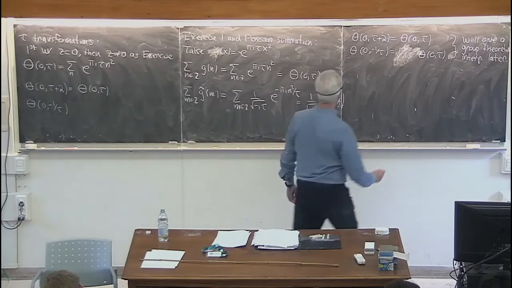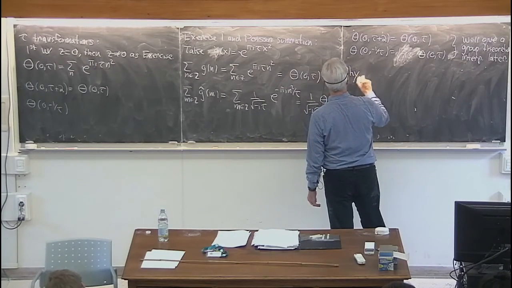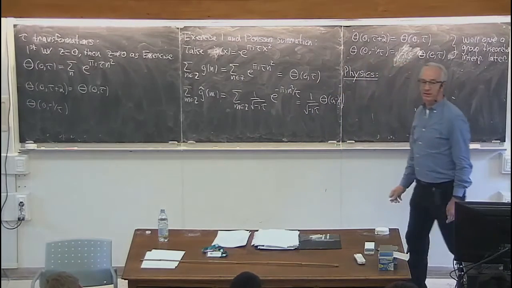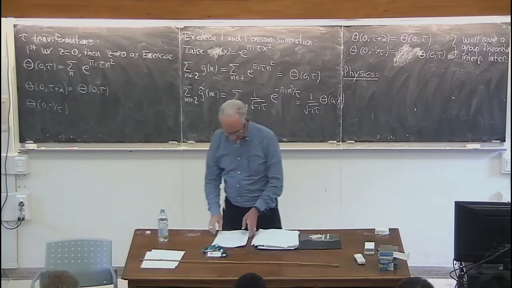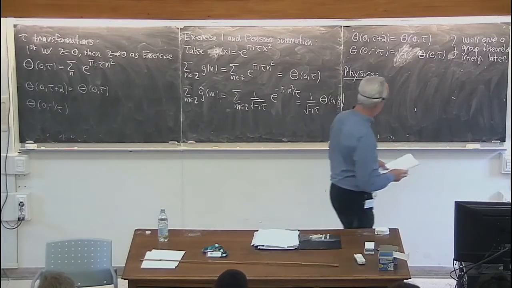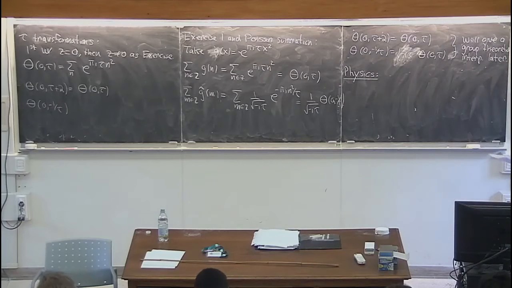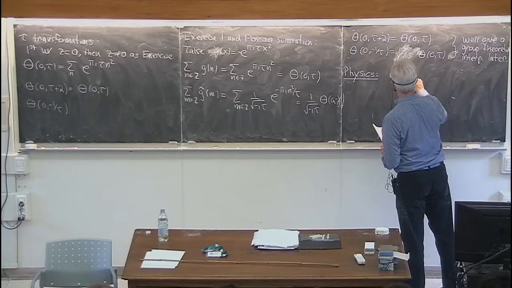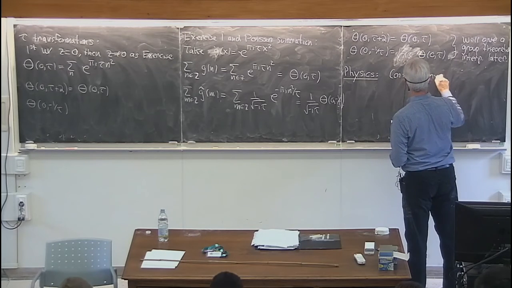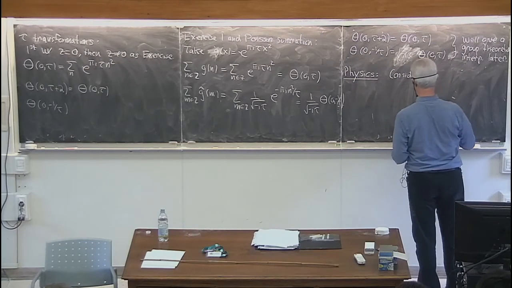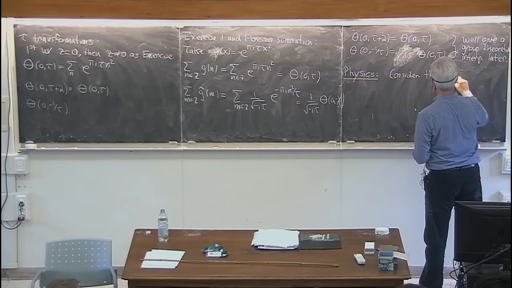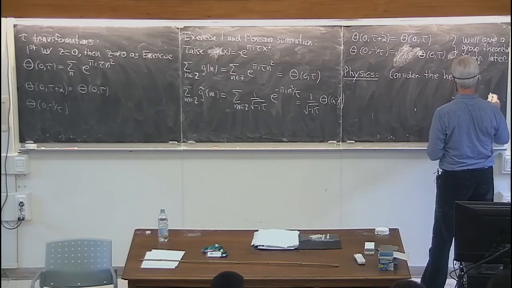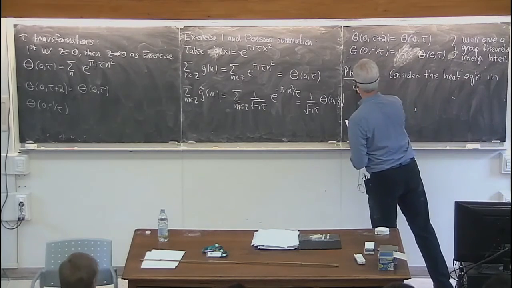Okay, now I promised you some connection to physics, and the first connection to physics is actually, I believe, the historical way in which this Jacobi theta function appeared. So consider the heat equation that tells you how temperature diffuses with time in one dimension.